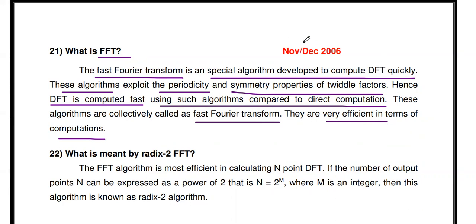But in this case, the number of multiplications and additions required is automatically reduced to N log base 2 N or N by 2 log base 2 N. So the number of additions and complex multiplications required to perform DFT in the FFT algorithm is very, very small compared to the direct evaluation method. So that is the advantage of FFT.